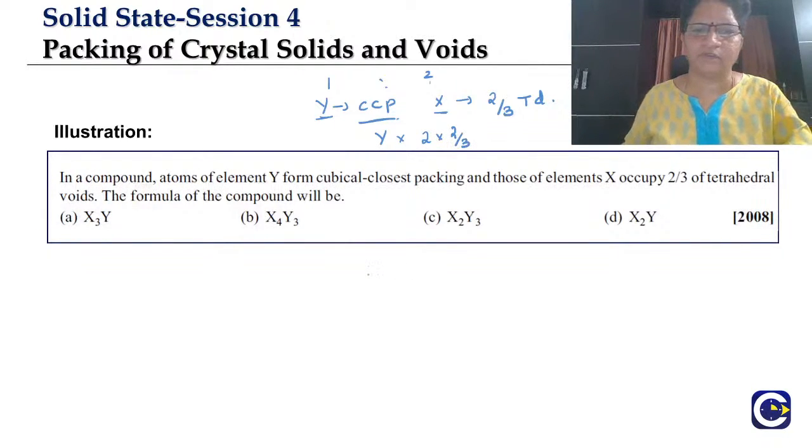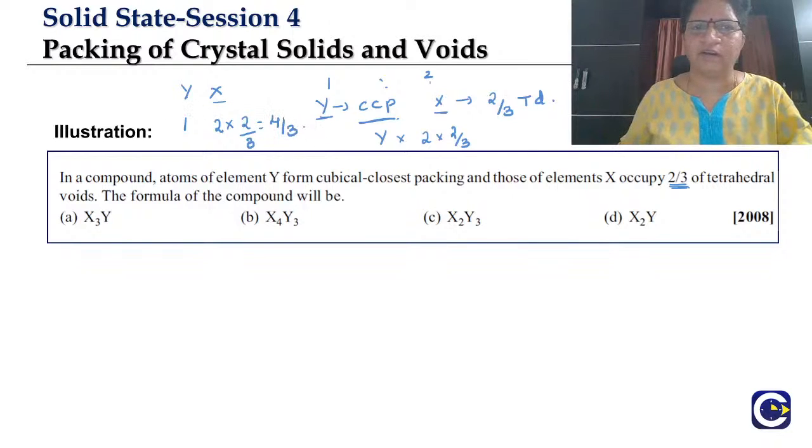So let me put this as Y, X. This is 1, and the tetrahedral voids are twice that of the close pack structures. But how many tetrahedral? Not all tetrahedral, only 2/3 is occupied. It will become 4/3.